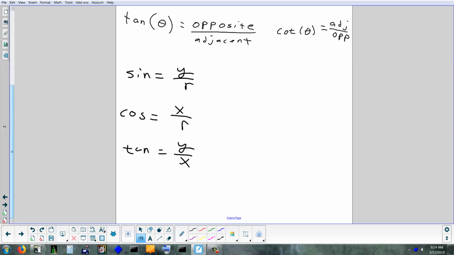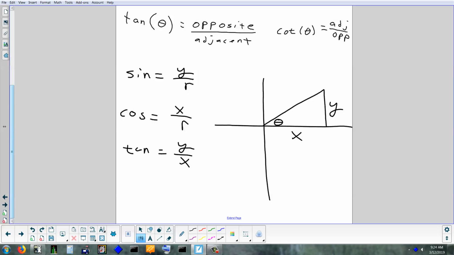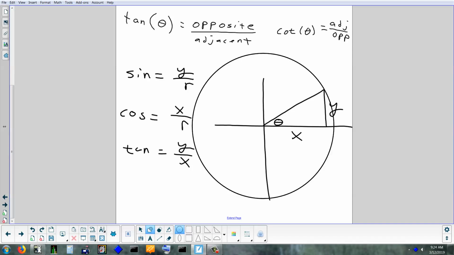Now, let me draw a triangle and compare those to what we just wrote. Here's a triangle, x, y, and let's pretend that here's my circle. That hypotenuse in my triangle, that's my radius, r.